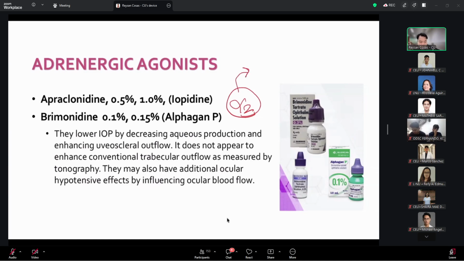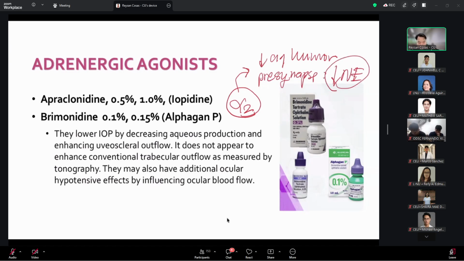They reduce aqueous humor production by activating alpha-2, but the alpha-2 found presynaptically could also lower norepinephrine.